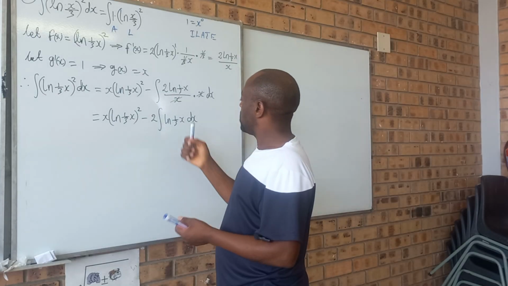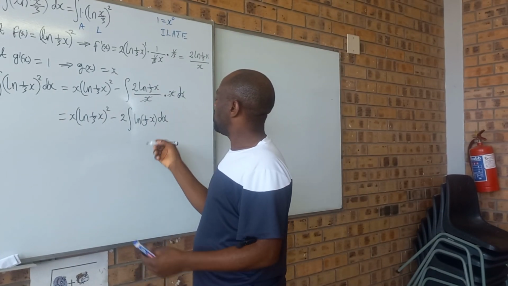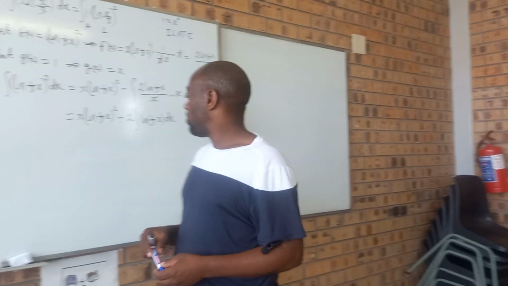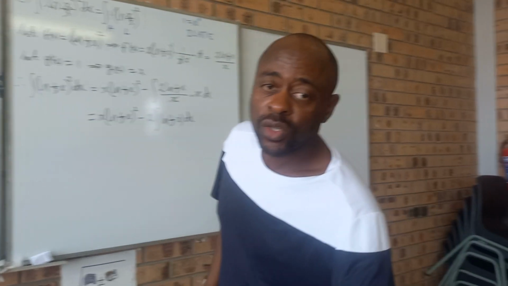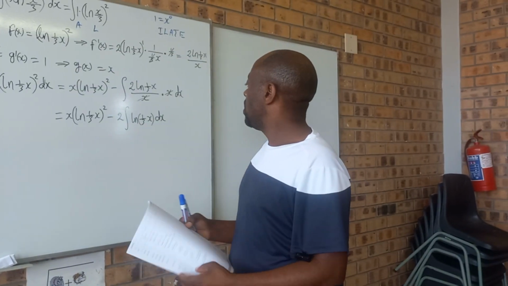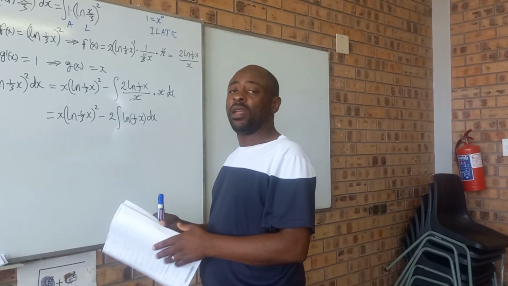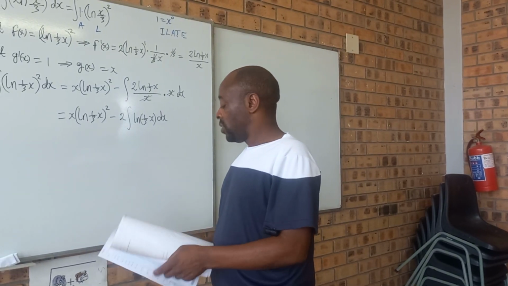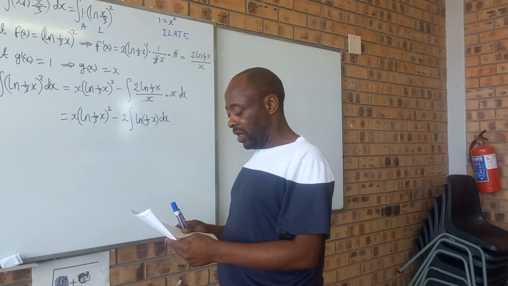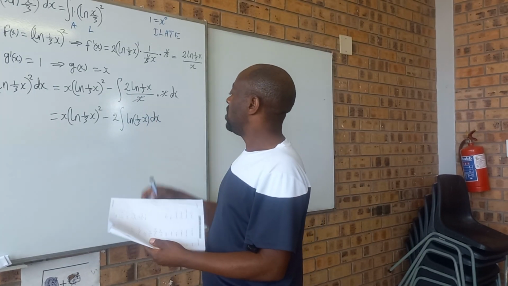So now to integrate ln(1/3 x) dx, this one for Math N6 students, you don't even need to bother yourself with integration by parts any longer because it's on page 2 of our formula sheet. So I'll just look at page 2 of my Math N6 formula sheet. I study the integral, then I copy my answer from there. So on page number 2, the integral of ln ax gives me x ln ax minus x, where my a is 1/3.